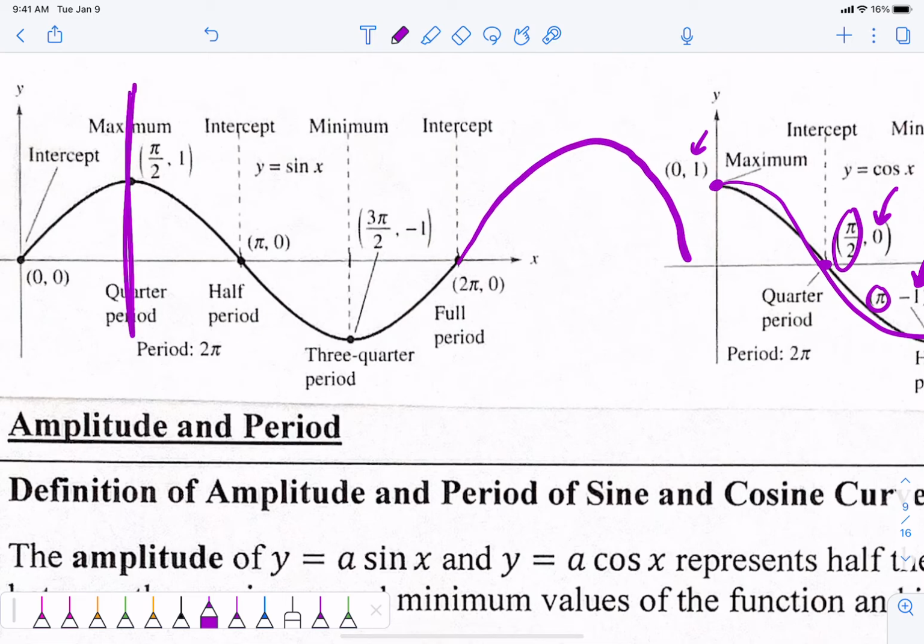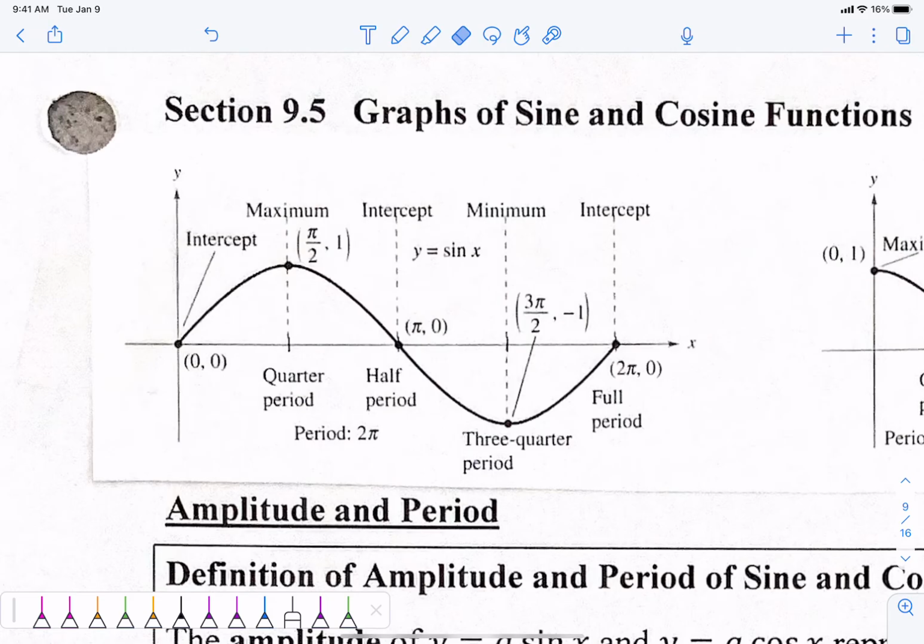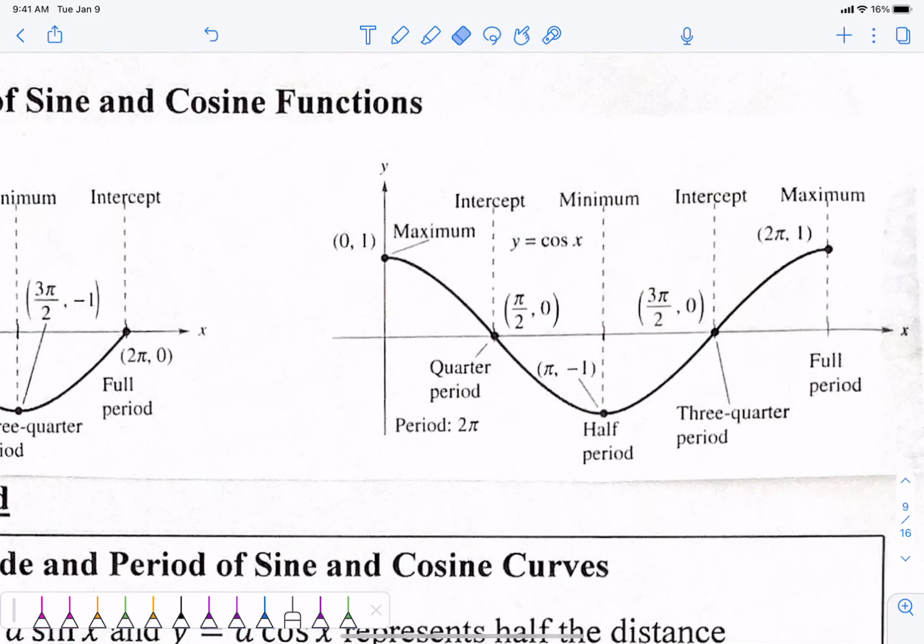Cosine is just this chunk from here to here. To get cosine from sine, we've just shoved it over a little ways, and vice versa. Does that make sense? So the normal sine graph and normal cosine graph look like that.